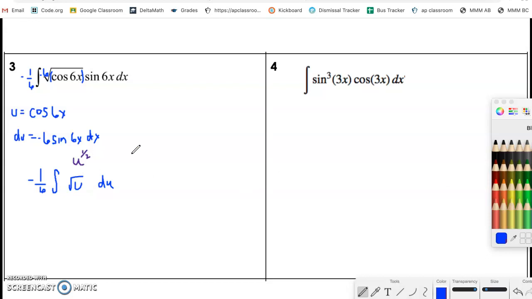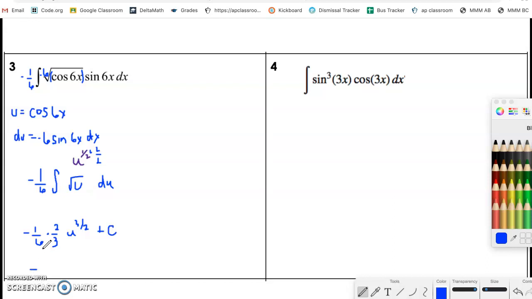So when I take the integral, I'm just adding 2/2. And I'll keep this negative 1/6 on the outside. I added 2/2, so I'll have u to the 3/2. So I added 1 to my exponent. Now I'm multiplying by the reciprocal, so multiplying by 2/3, and the du goes away, and I have plus c instead.